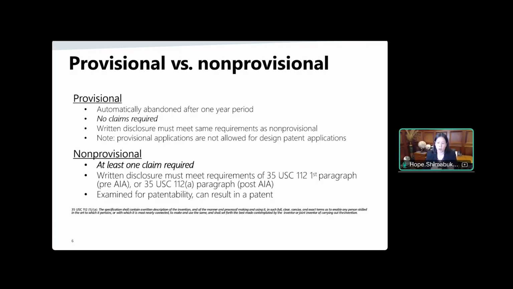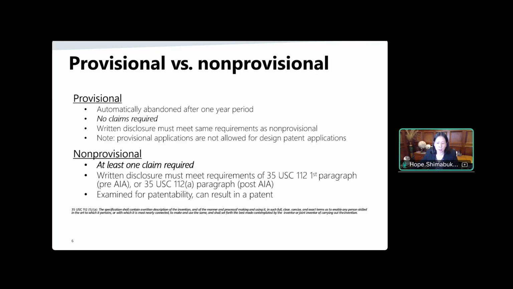Provisional versus non-provisional. Remember that a provisional application means maybe. A provisional is a maybe application. It's not a full-blown application, but it's a maybe application. And it applies to two different types of applications, specifically utility and plant applications, but it does not apply to designs.